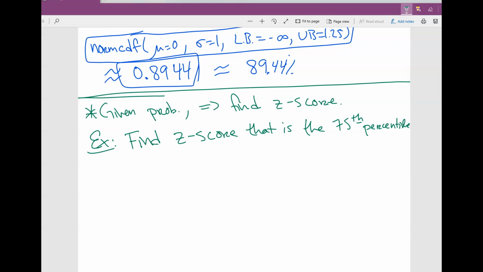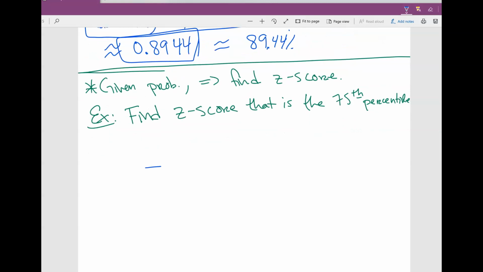Let's first start off by graphing our curve, so let's draw a normal curve. Remember that z-scores still have a mean of 0. So here's 0, and now we're looking for the z-score. What value on the bottom will give us the 75th percentile?